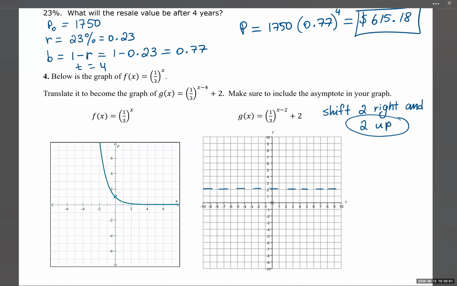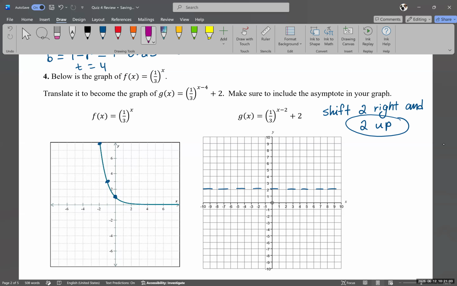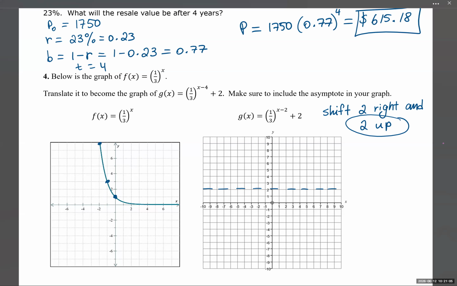Now we'll go ahead and plot all the rest of the points. Let's see, this point, maybe this point, and maybe this point. So 2 to the right and 2 up. Here, it's at (2, 3), so that's right here.